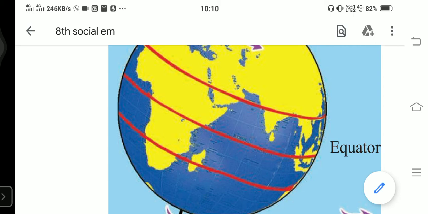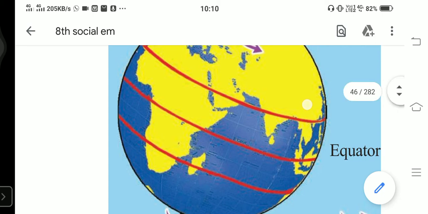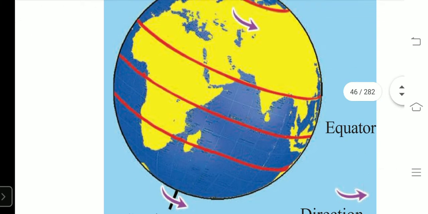As it is rotating, we experience day and night. When it does not rotate, what will happen? One portion of the earth which is opposite to the sun will get constant heat and light, and another portion would be constantly in cold and dark, right? This would make both portions unfit for life.